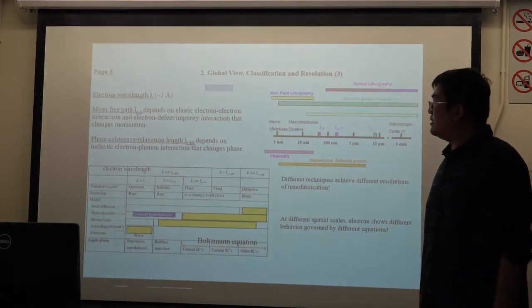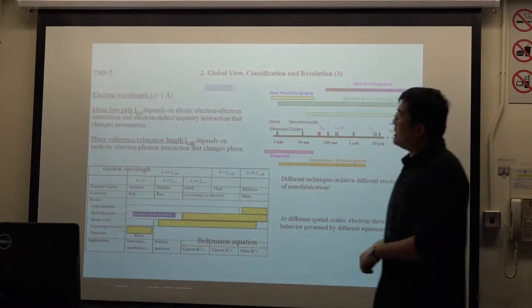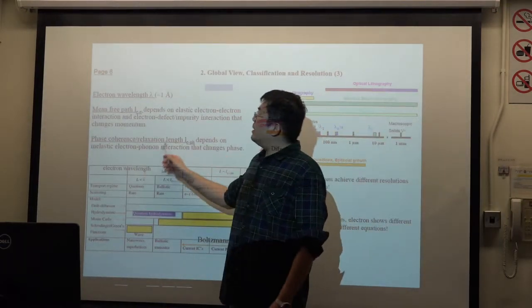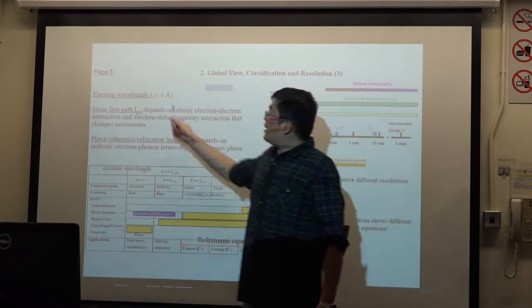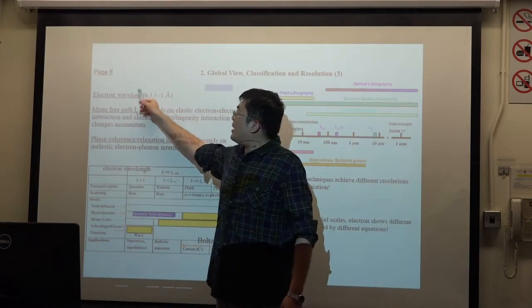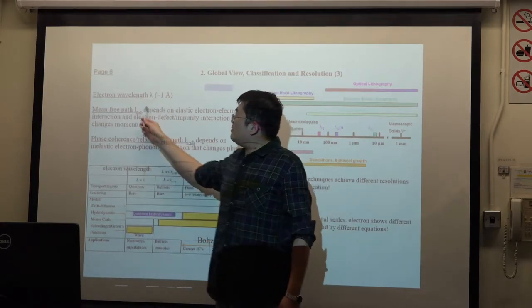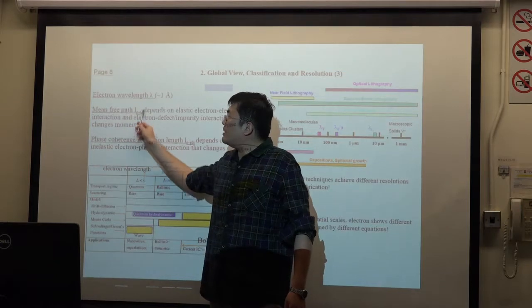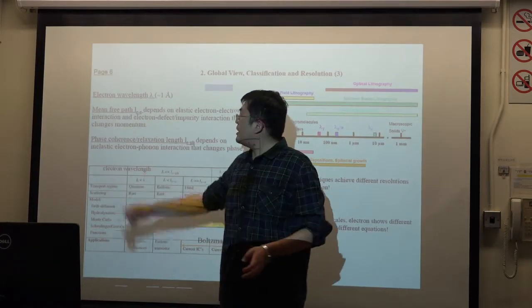It's quite important. What's the physics here? I hope everyone can understand the coherence length, mean free path, and electron wavelength. The electron wavelength is just the electron like a wave; it has coherence. The mean free path is the minimum length over which the momentum changes.